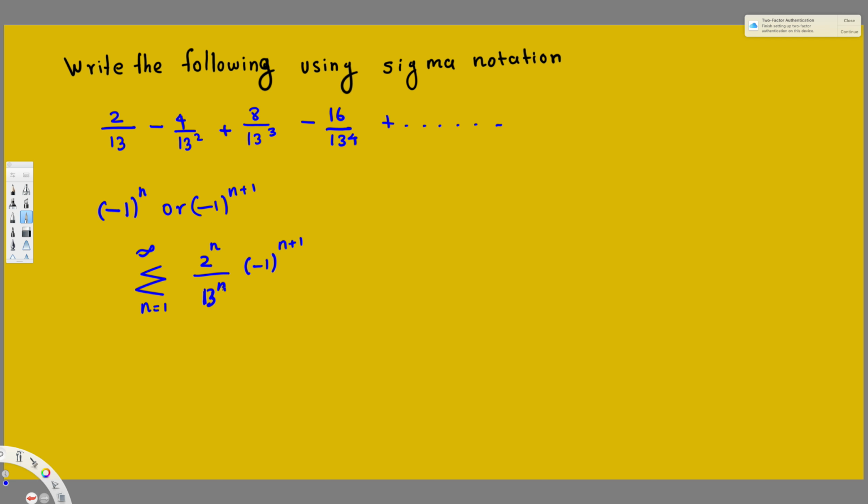If I plug in 1, this is going to be 2 over 13, times (-1) power 1 plus 1, that's going to be (-1) squared, a positive value, positive 1. 2 over 13 times positive 1, that matches this one. Let's plug in 2 and see whether we get this one. If I plug in 2, this is going to be 4 over 13 squared, and this is going to be (-1) cubed.